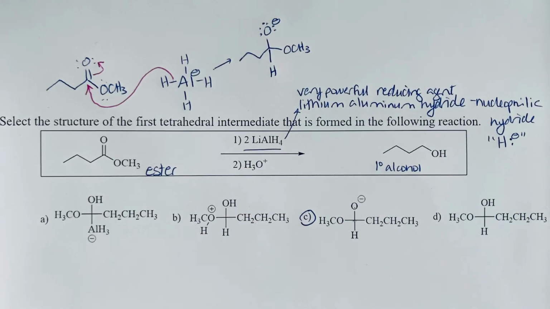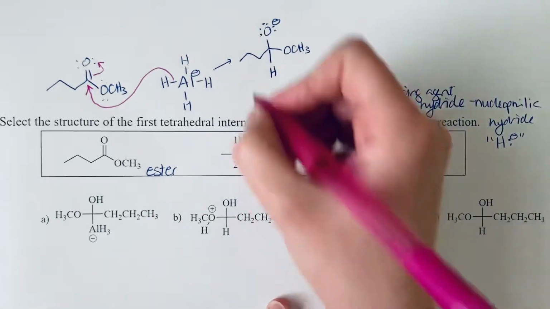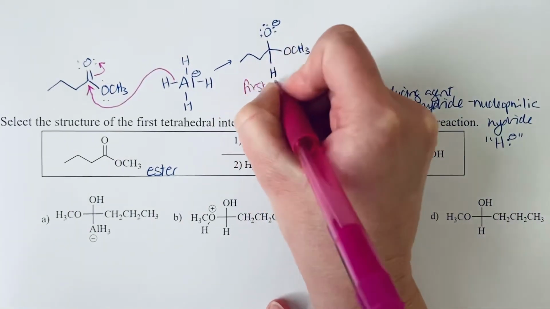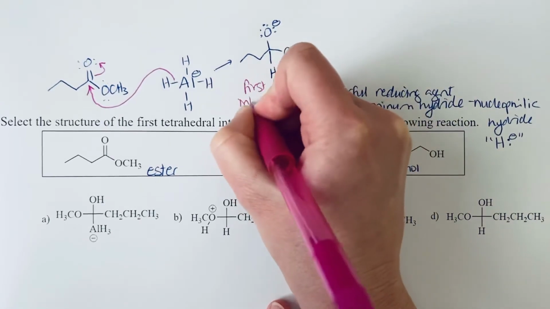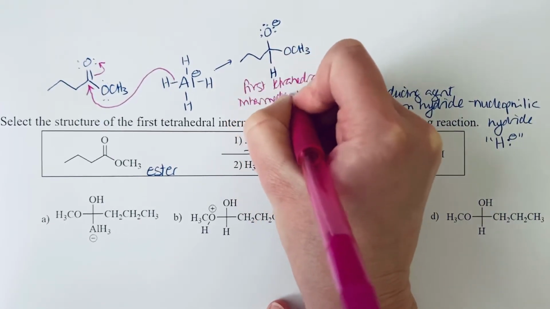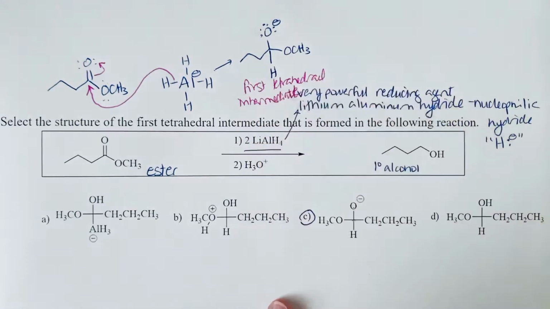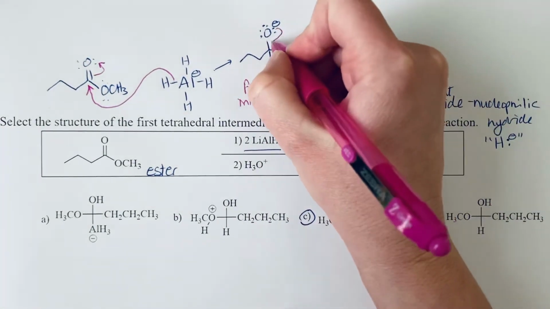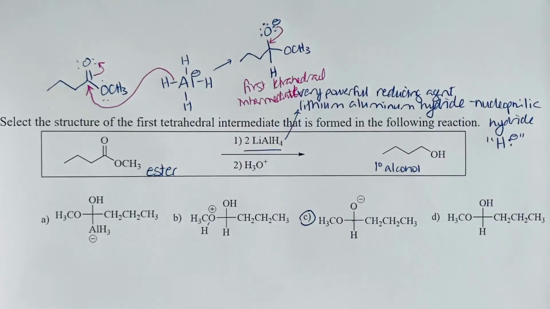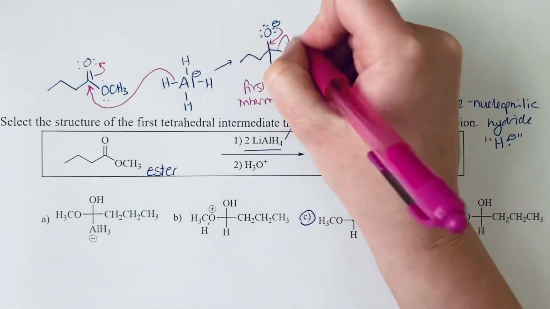But let's go ahead and finish the mechanism so we can understand how we get that primary alcohol. Whenever you get to a tetrahedral intermediate, so we'll label this as the first tetrahedral intermediate, if there is a good leaving group on that intermediate, then the electrons can come back down from that oxygen to reform the carbonyl and kick off your good leaving group.